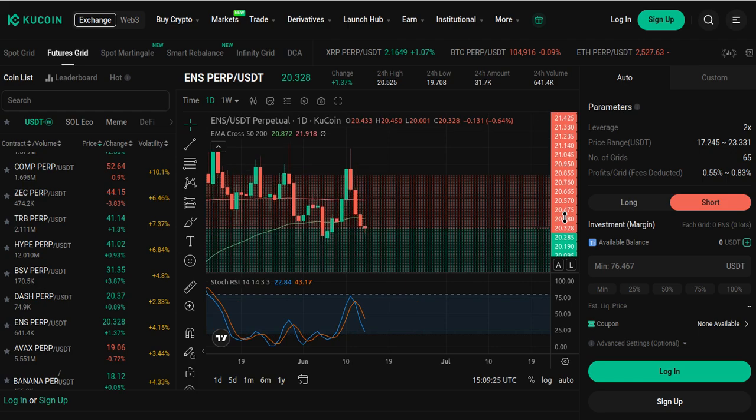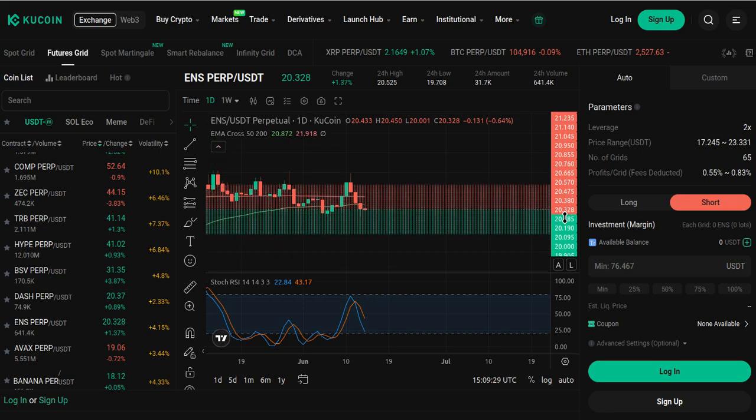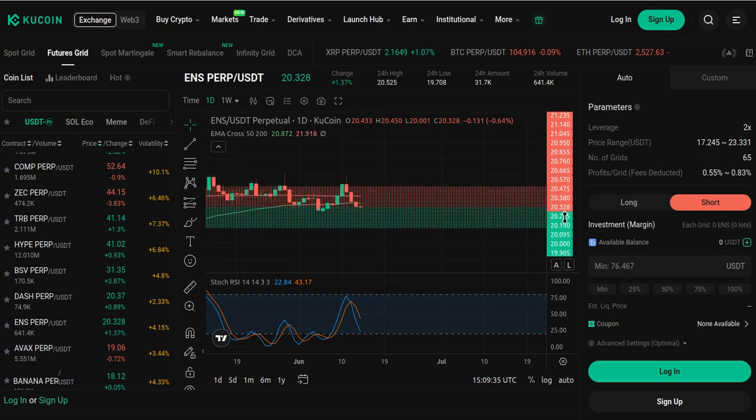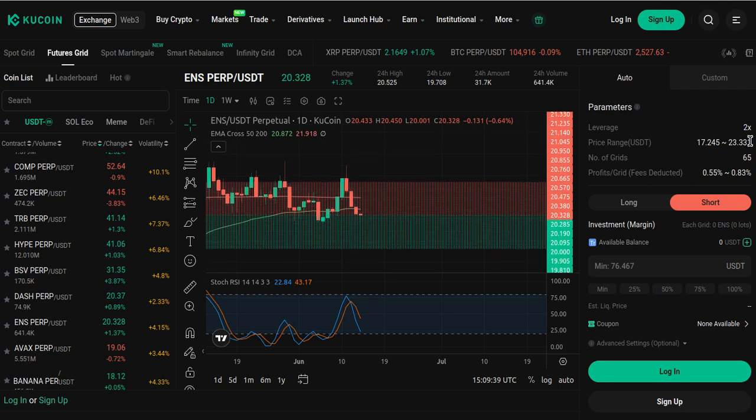Now I don't know how many grids they are, but I would assume, because we're on 20 and it's ended up to 17, that they're roughly 35.